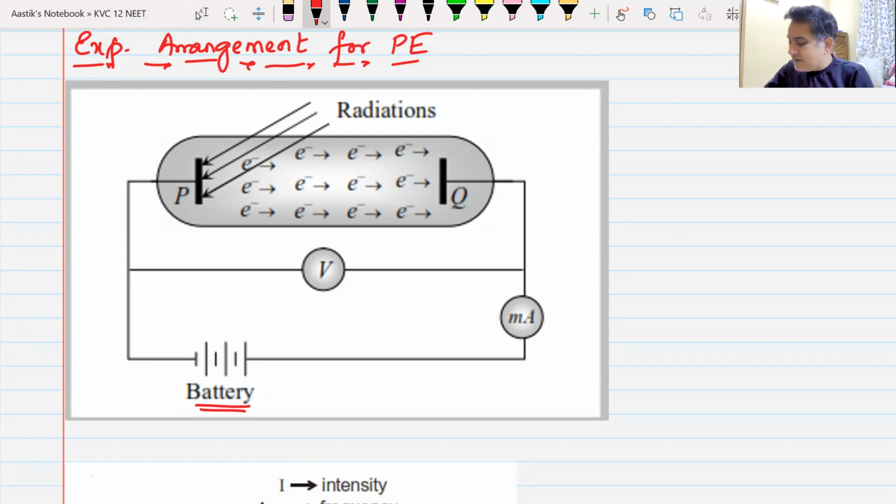So I will need some arrangement to change the potential difference of this battery. For that, they have kept this rheostat, nothing else. So I'll give you a minute to draw this diagram. It's a simple diagram. It's not very complicated. Experimental study of photoelectric effect.